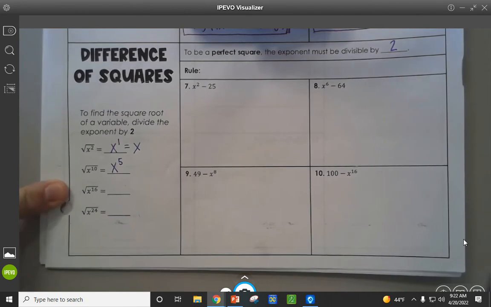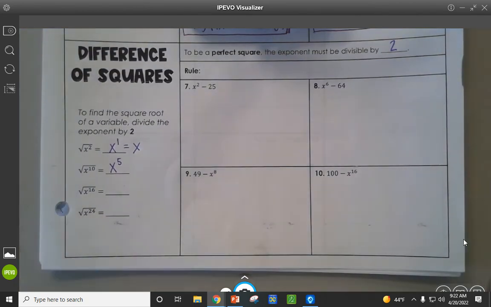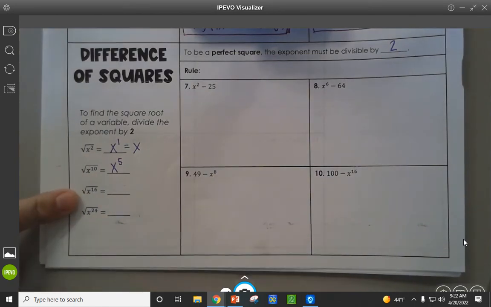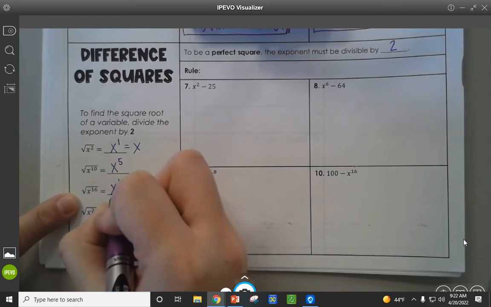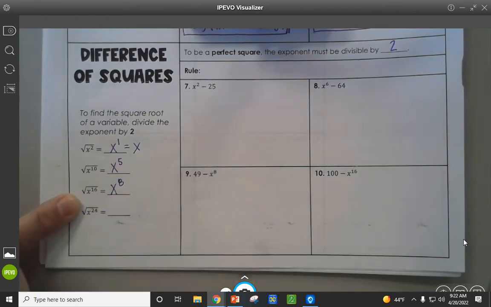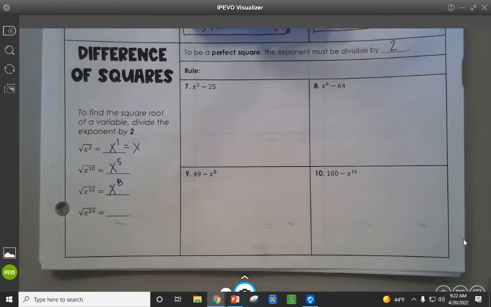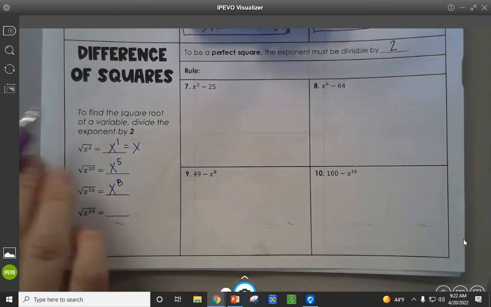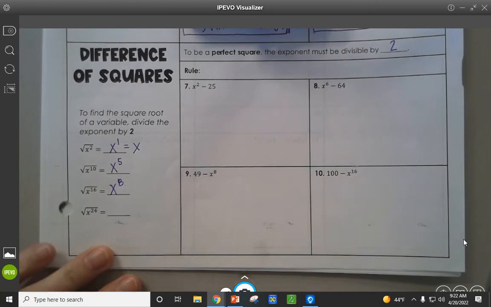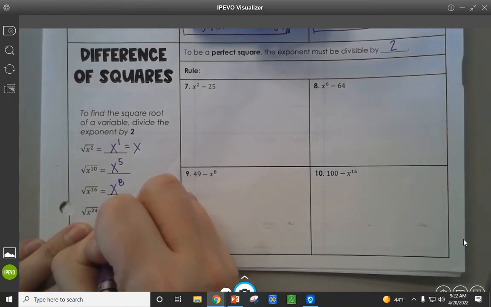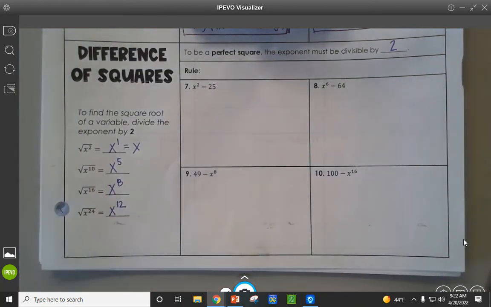When you take the square root, that symbol goes away, and you don't keep taking the square root. The square root of x to the 16th is x to the 8th, not 4. The square root of regular 16 is 4, but not x to the 16th power. So you just divide by 2. And then the square root of x to the 24th is x to the 12th. So you'll need to know that for these problems.